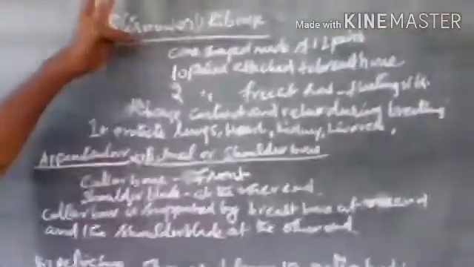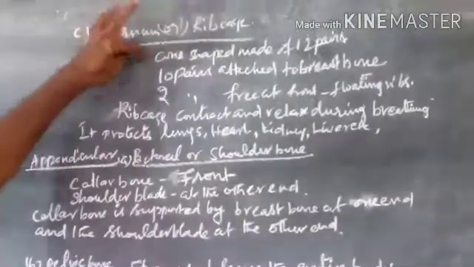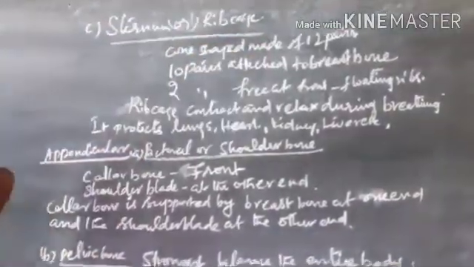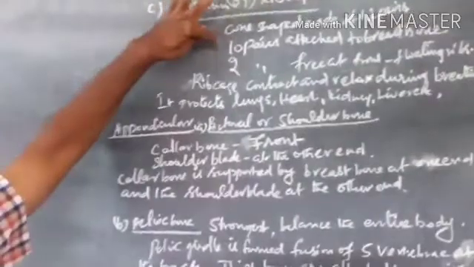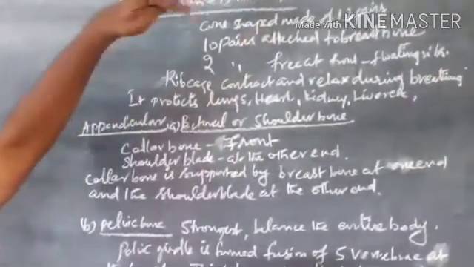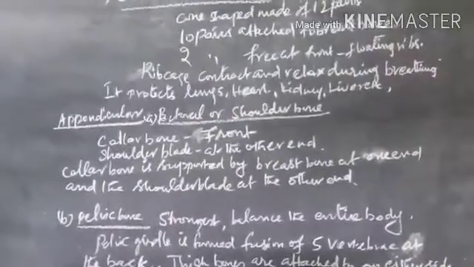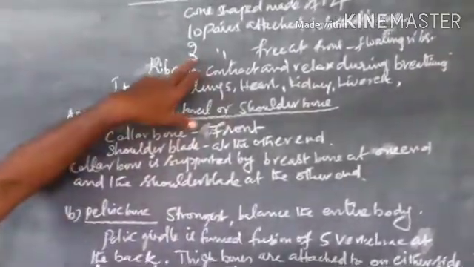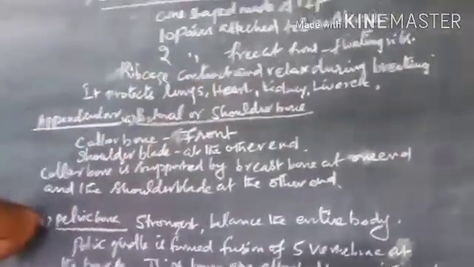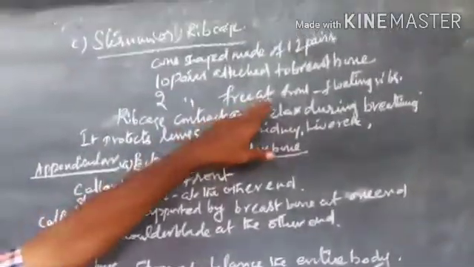Then the third one is the rib cage. It is cone or dome shaped, made up of 12 pairs of bones, of which 10 pairs are attached to the backbone and in front to the breastbone, and the remaining 2 are attached at the back but free at the front.